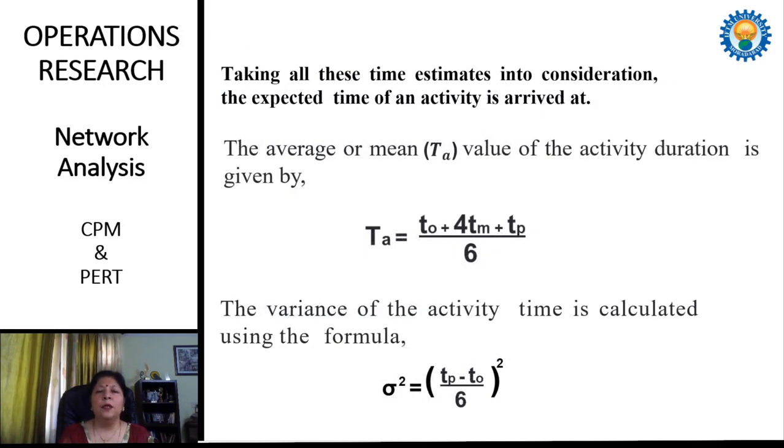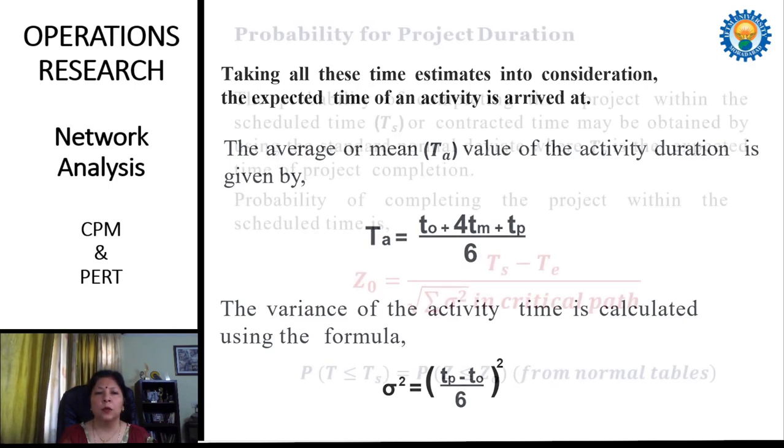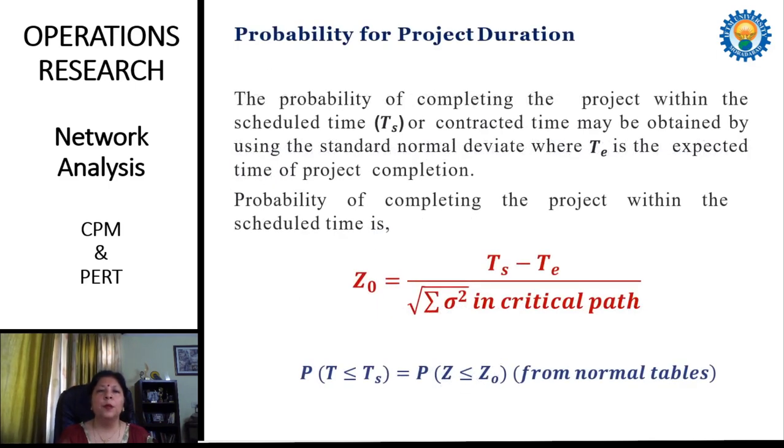For finding the average time for each activity, we use a formula: TA is equal to (TO plus 4 times TM plus TP) over 6. The variance of activity time is calculated using the formula sigma square equal to ((TP minus TO) over 6) whole square. The probability for the project duration is also calculated in the PERT method.